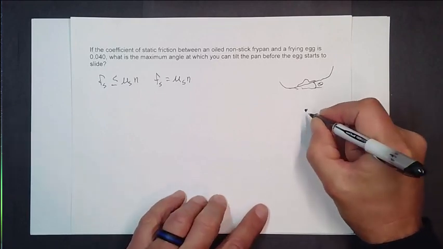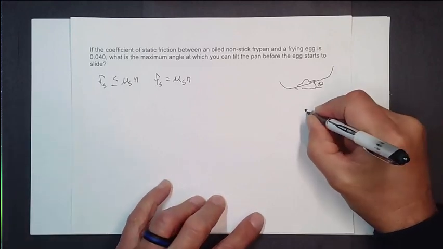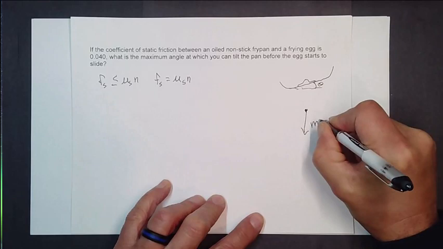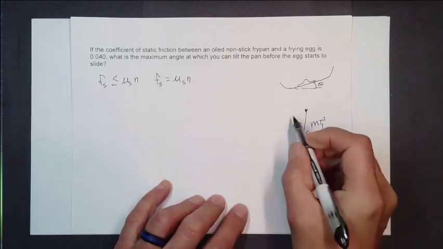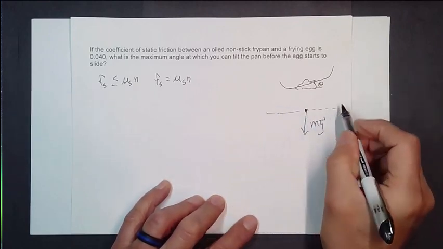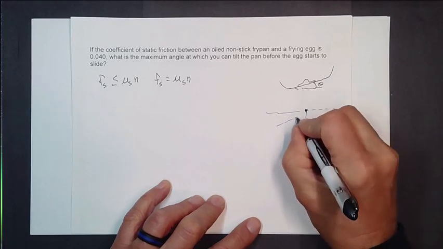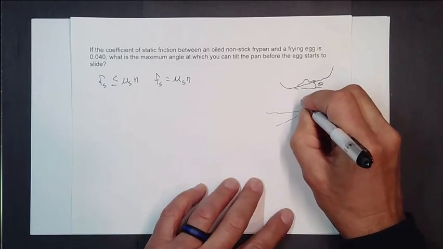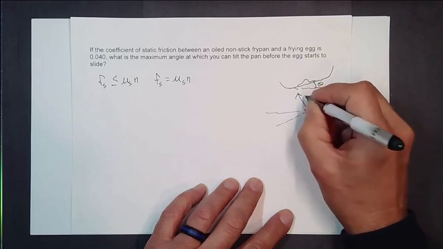A free body diagram almost always has mg, straight downward like that. Now in this case, we've got this pan that's tilted here, and the normal force is going to be pointing up like this.